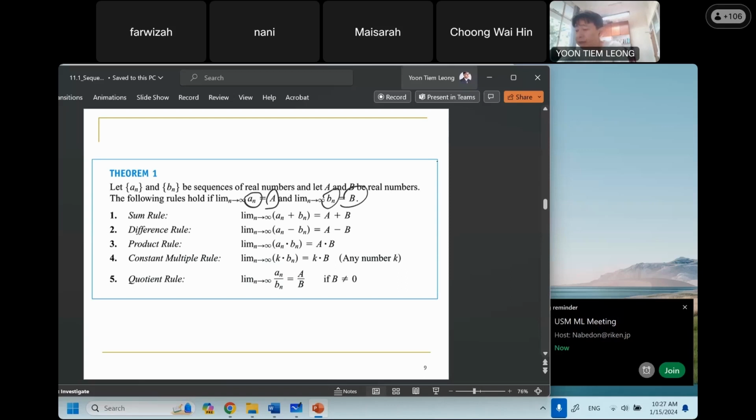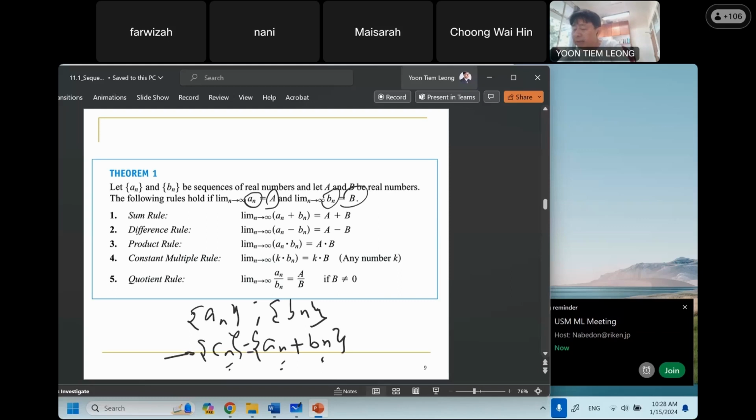So if you have the a_n sequence and you have the b_n sequence, then you can form a new sequence, which is a_n plus b_n, term by term. You can form a new sequence c_n, where each term in c_n is the sum of the terms a_n and b_n.